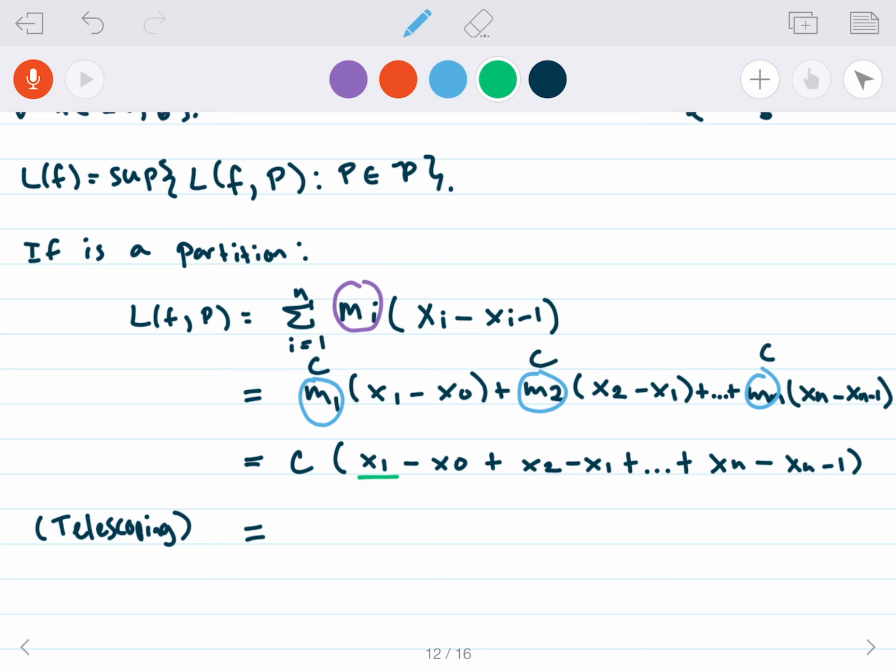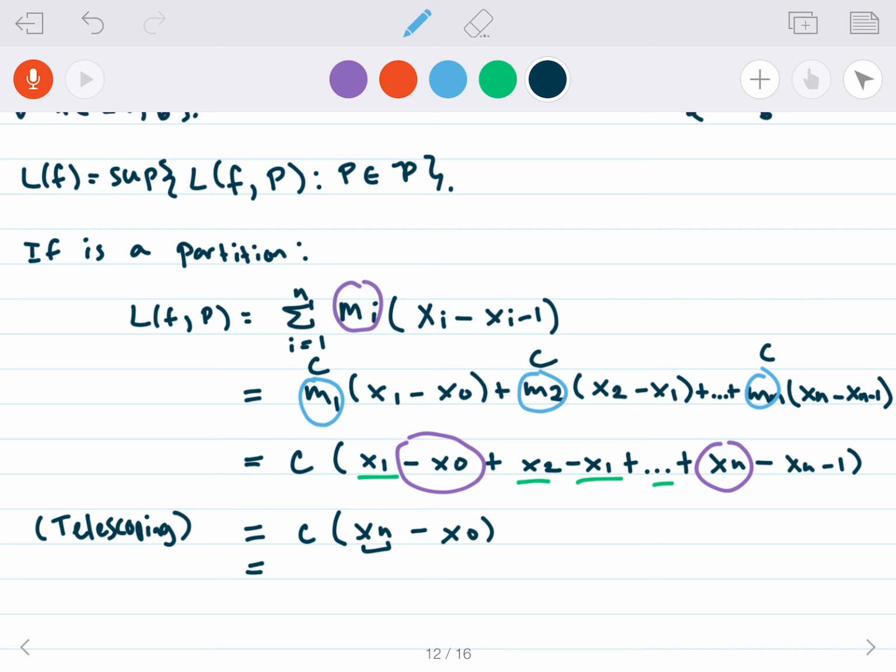I have x_1 minus x_1 cancels. I have x_2 minus x_2 is going to cancel. And all I'm going to have left at the end of the day is this minus x_0 and this positive x_n. So this is going to be equal to c times x_n minus x_0.